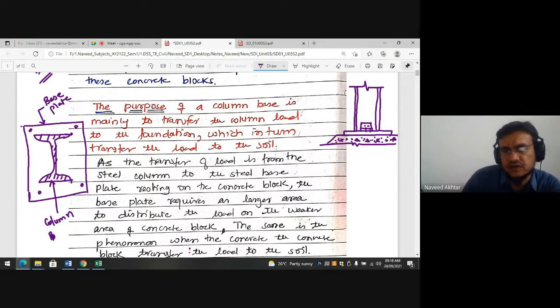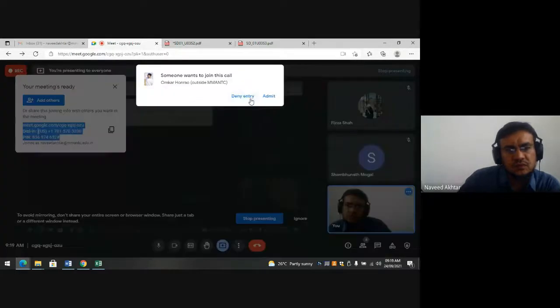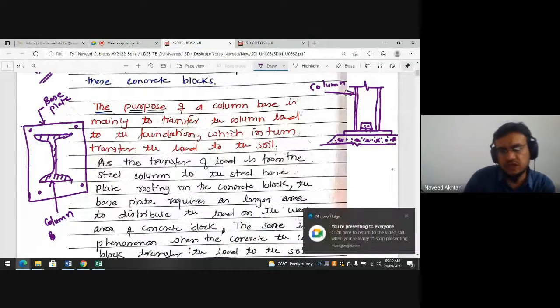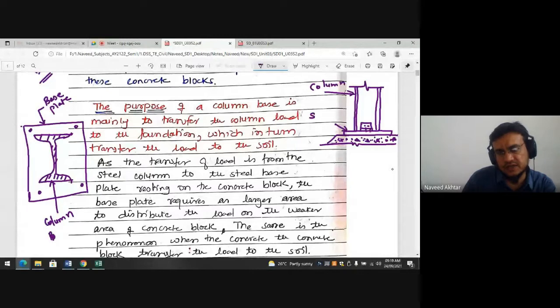So this one is nothing but your steel column, and from your steel column, the load is transferred to the base plate. This is called the column base, or slab base, and this is your concrete pedestal or concrete foundation.